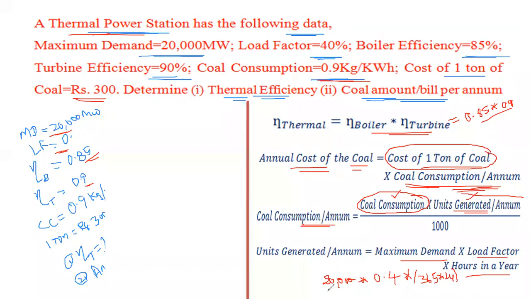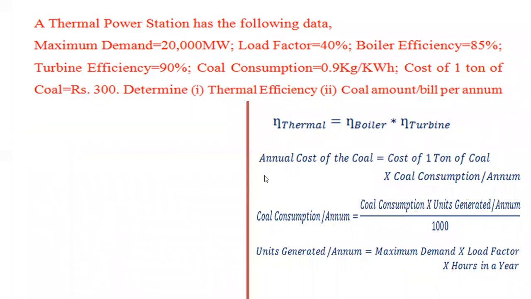Now we simplify this value and substitute here. The coal consumption is already given, 0.9, into this value by 1000, we get the coal consumption per annum. Now the cost per ton is 300, into this value we get the annual cost of the fuel.